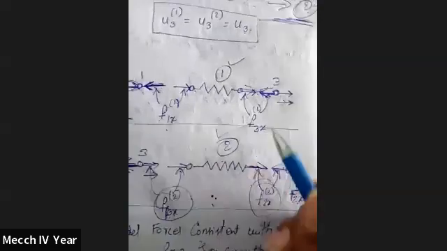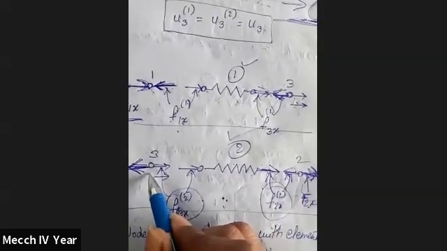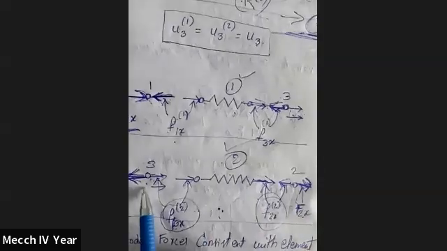Now the second element is associated with nodal 3 and nodal 2. So the element stiffness matrices cannot be added together.